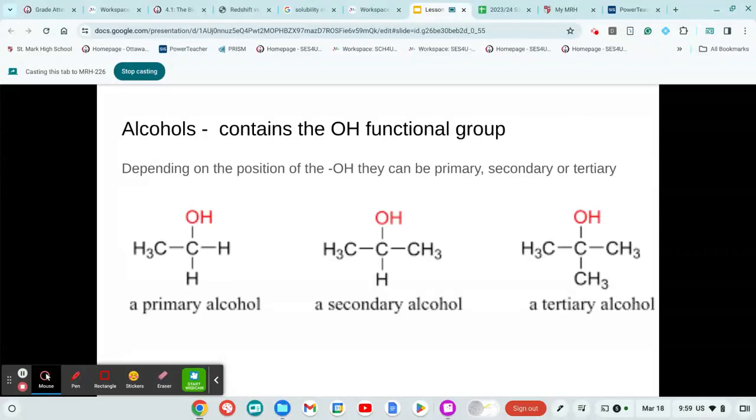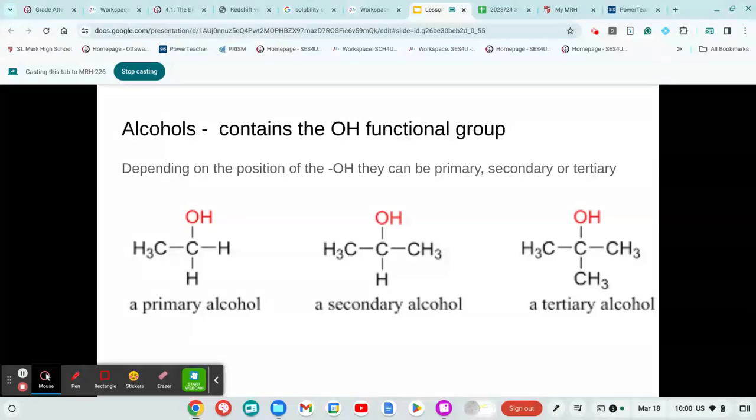Okay, so let's start with alcohols as our example. Remember that there can be three different kinds of alcohols. The primary alcohols have the OH that's attached to a carbon that's only attached to one other carbon. The secondary have the OH attached to a carbon that's attached to two other carbons. And the tertiary has the OH that's attached to a carbon that's attached to three other carbons.